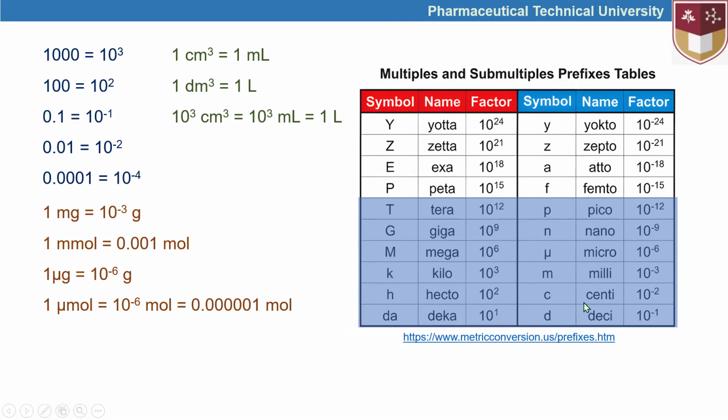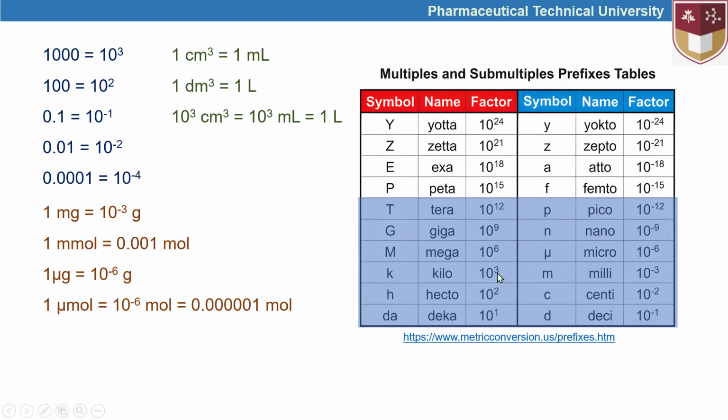Deci stands for 10 to the power of minus 1, centi stands for 10 to the power of minus 2, milli stands for 10 to the power of minus 3, and from milli, micro, nano, and pico, every time we add a minus 3. So micromole, for example, stands for mole to the power of minus 6, nanomole stands for 10 to the power of minus 9, and picomole stands for 10 to the power of minus 12.